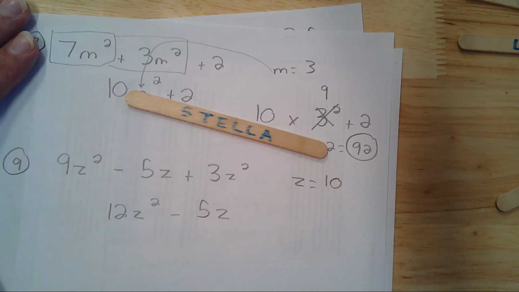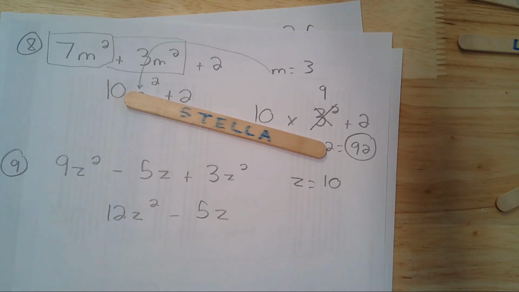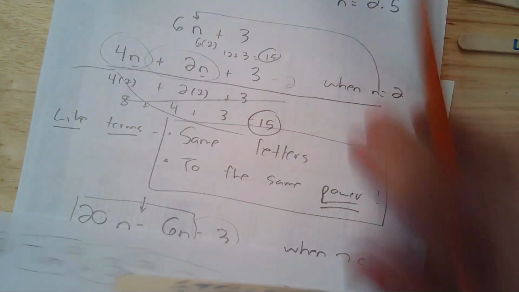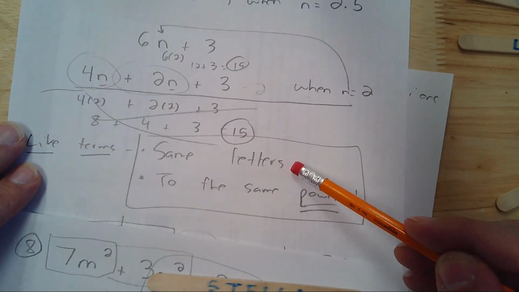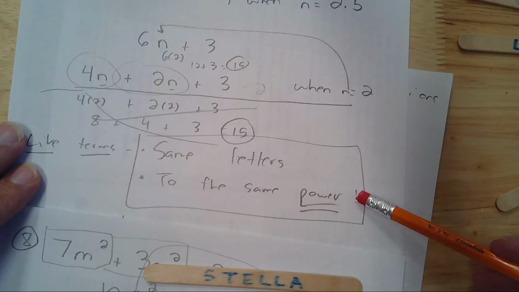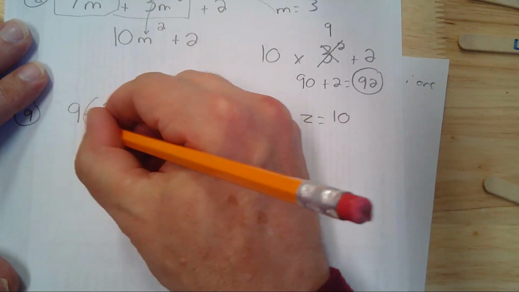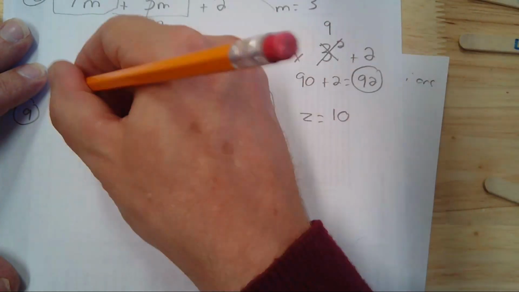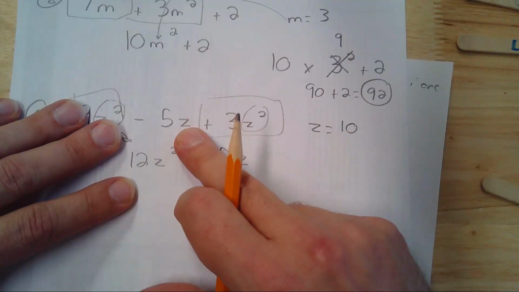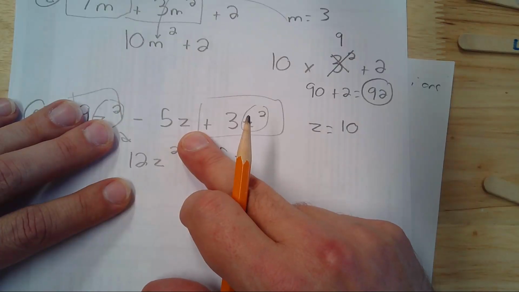Right. Well, hold on. This is correct because, again, this is why I said, remember, there's 2 pieces of criteria. The same letter is one of the 2, but to the same power. So if I go to this one here, this is z squared, this is z squared. I can add these 2 together. It is 12, but this is not z squared, is it? This is just z.